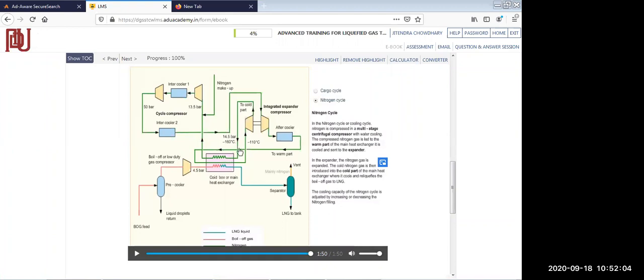And after the intercooler, when it is going back to the cold part, it is already heated up to minus 110. So from minus 160, it goes to minus 110 by the time it has taken the heat from this heat exchanger and cooled down the LNG gas.